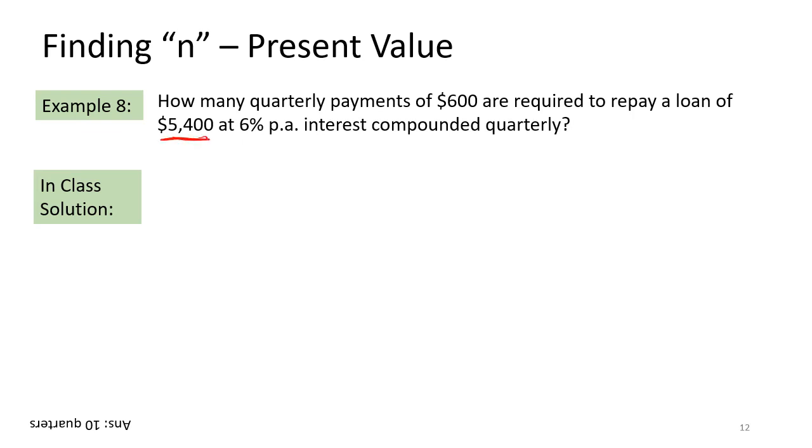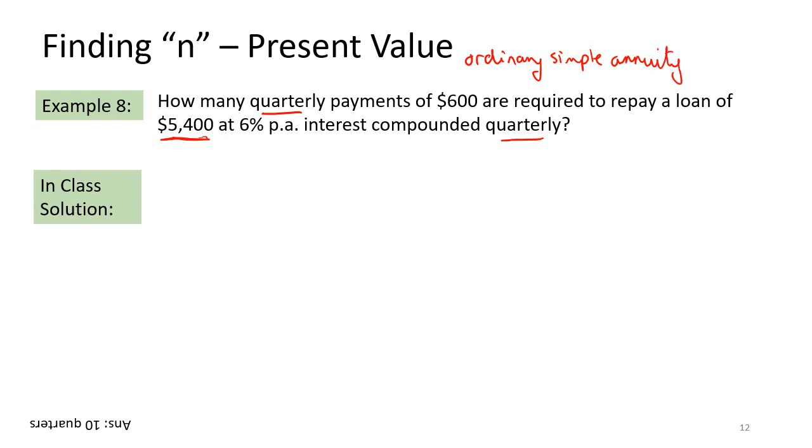So loans are present values, right? Because you've obtained that money today. And you're trying to figure out how many of these payments have to be completed. Well, again, quarterly and quarterly. I didn't write it in here that it was the end of the month, but this is an ordinary simple annuity.